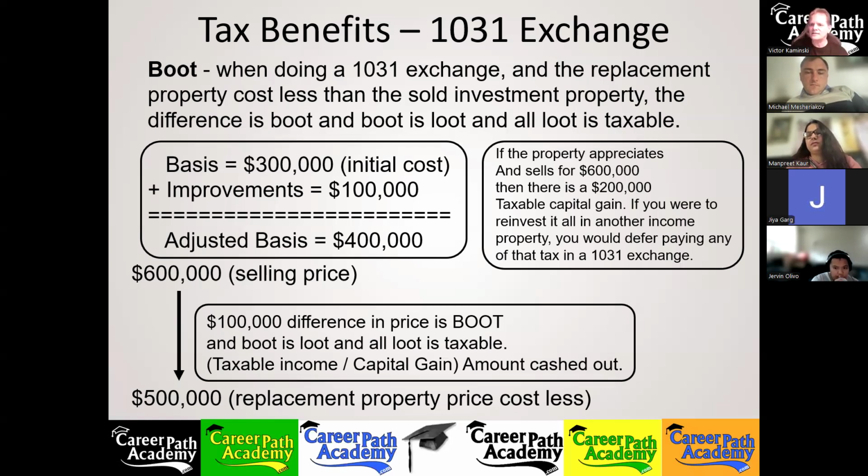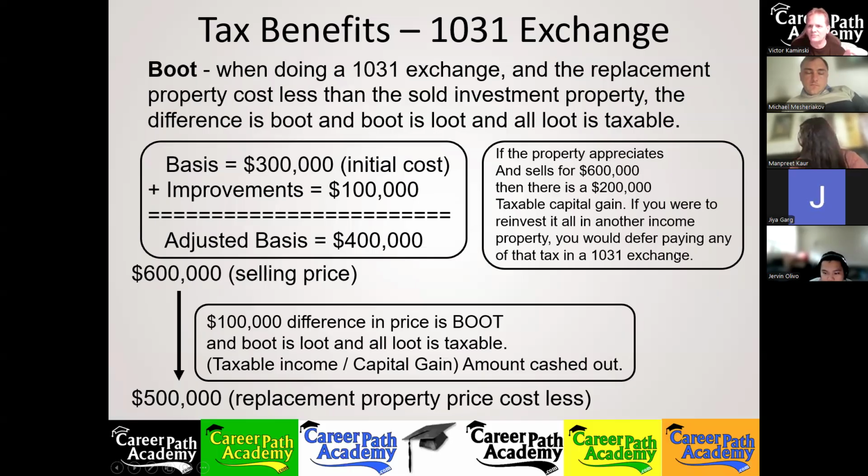You did not realize the gain yet because you reinvested it. So you don't pay any taxes on it. But any of that money that you do not reinvest is a capital gain and you must pay taxes on it. You follow?